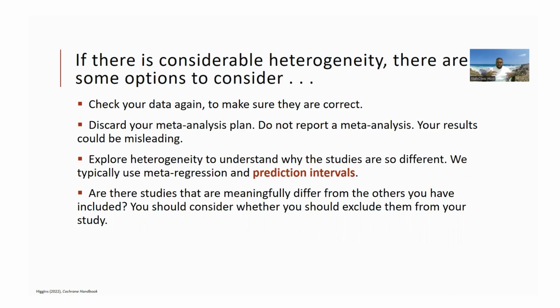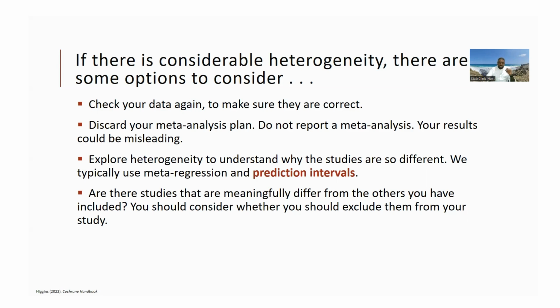The other thing you might be able to do is explore heterogeneity to understand why the studies are so different. And we'll talk about how we do that in a moment. We typically use meta-regression and prediction intervals. The other thing to think about is sometimes there are some studies that are meaningfully different from the others that you have included.